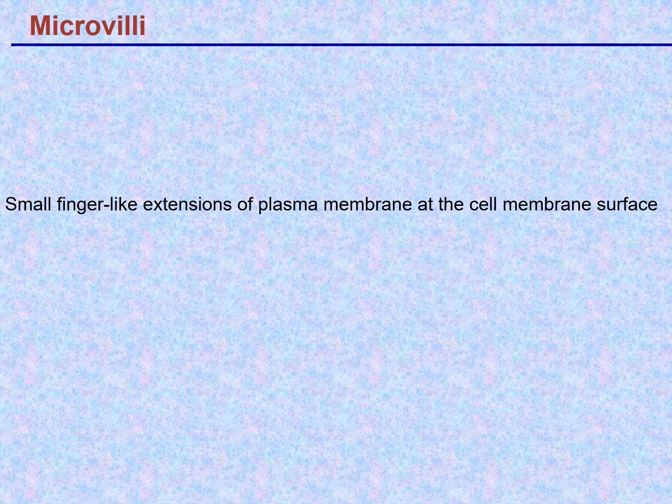A typical example would be cells that line the exterior surface in the intestinal tract, where they are involved in absorption. So these are like finger-like extensions of the plasma membrane at the surface.